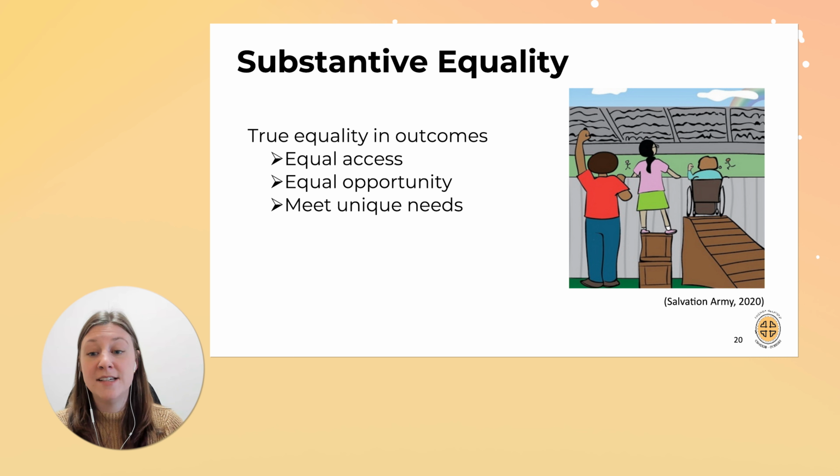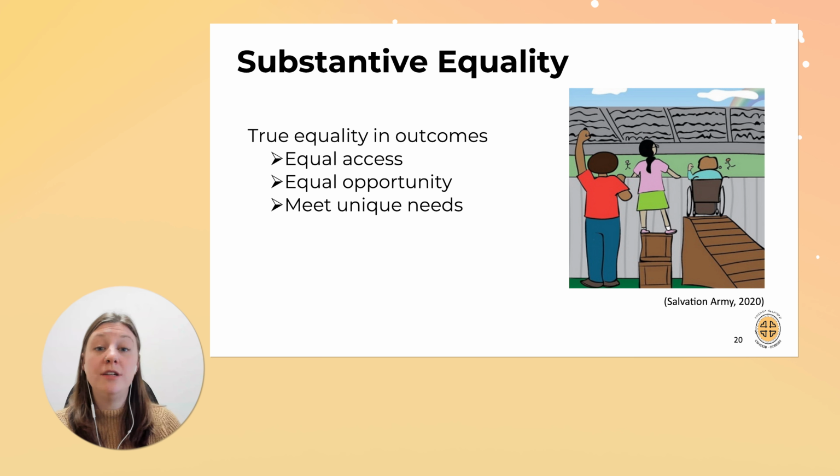Jordan's principle exists because there are challenges to accessing resources. Sometimes they're not available, they're too far away, there's delays and other unique barriers that make it hard for children to access public services. So to summarize, substantive equality addresses the inequalities that stem from an individual's particular circumstances, so their context. And it helps put them at the same position and helps give them the same opportunities as others.